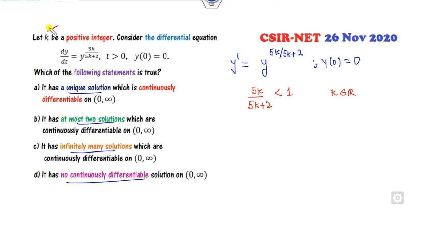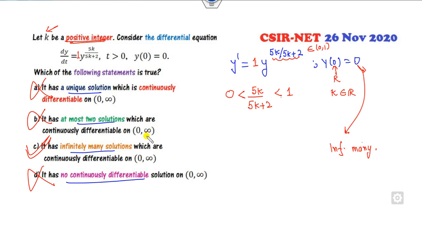And since k is a positive integer, this number is always greater than 0. So that means this number lies between 0 and 1. This number is again a real number and it's 0. Once this is 0, what does it mean? It has infinitely many solutions provided this is positive, and clearly this plus 1 is positive. It has infinitely many solutions. No unique solution, no more than one solution. Right answer is C.